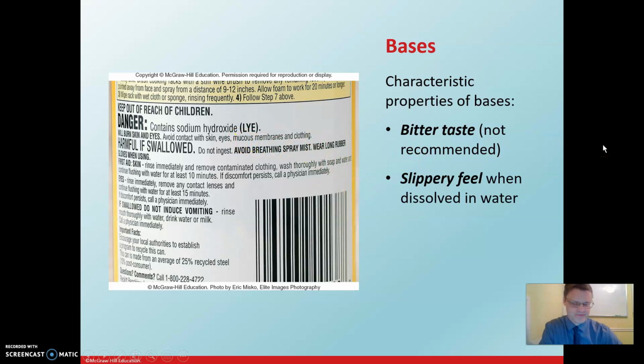And it'll have a slippery feel if it's dissolved in water, and probably that slippery feel is the base reacting with your skin. So that's another reason to be careful with bases. And it turns red litmus paper blue.